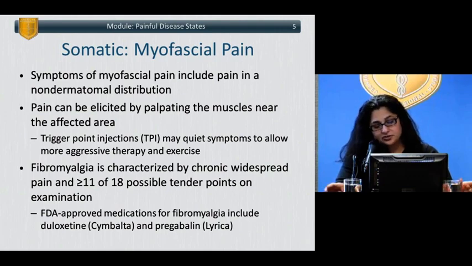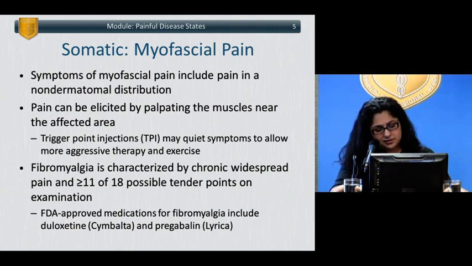Trigger point injections are sometimes indicated, and they can help decrease some of the pain at that trigger point site. But what's most important for these patients is an aggressive physical therapy and exercise program. The more we can keep our patients functional and active, overall the better they will do.